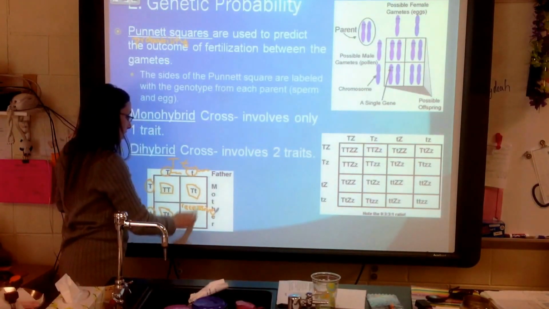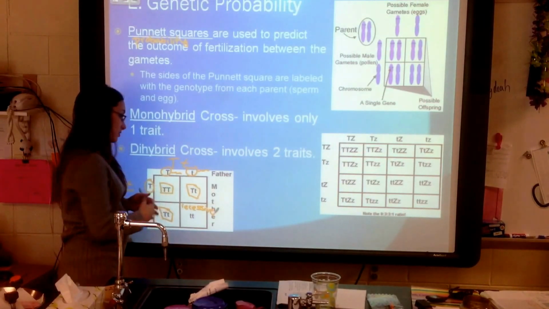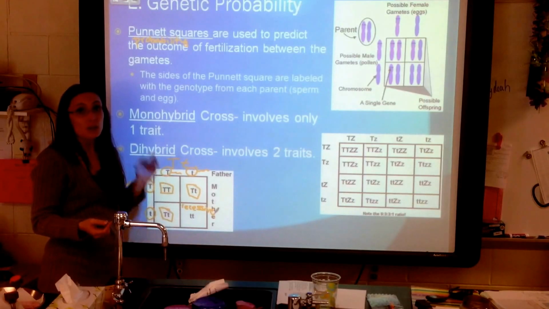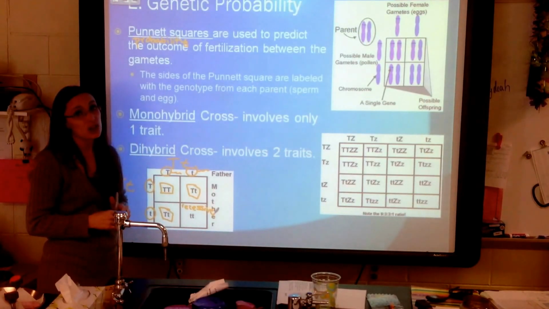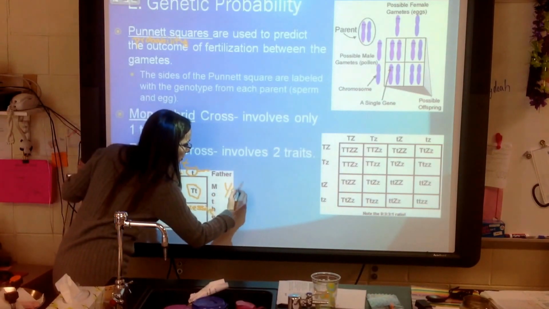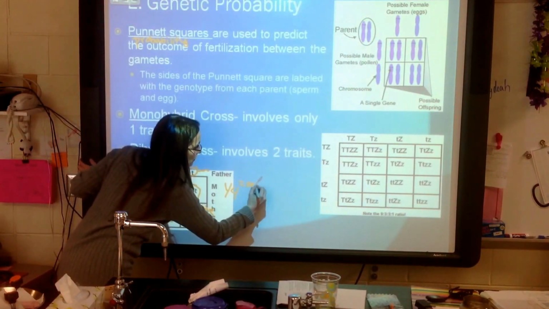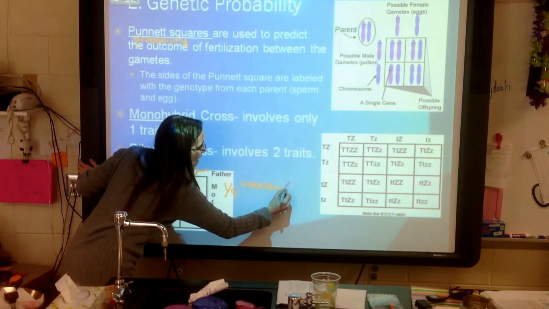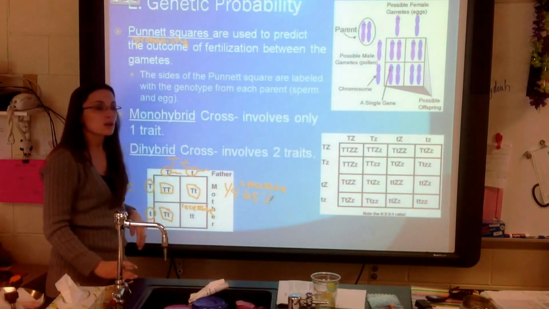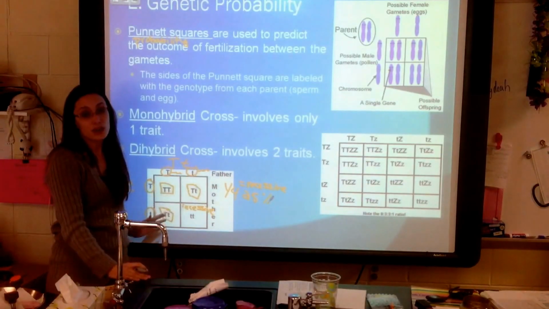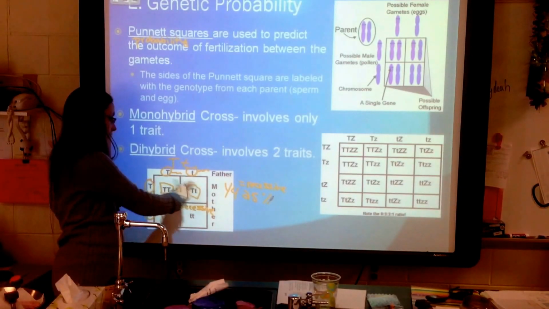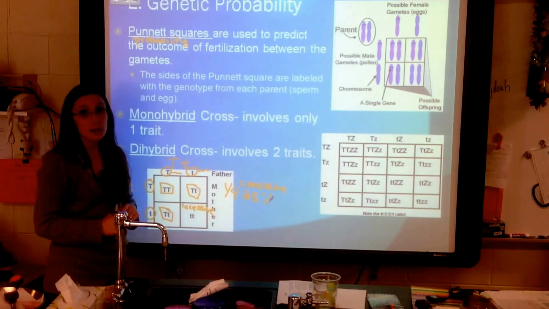Now, if this mom is pregnant, I don't know which of these 4 she's going to have, but I can make a prediction. I can say that 1 out of 4 will be recessive, and that's going to be 25%. So 25% of their kids will show recessive. 75% will show dominant.